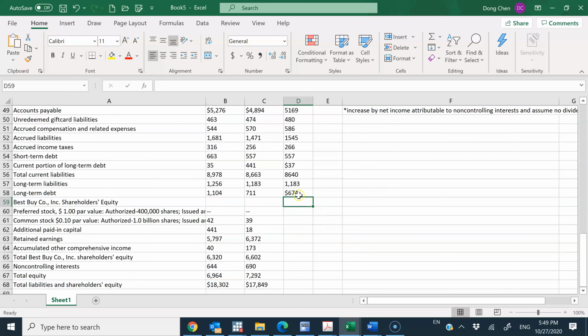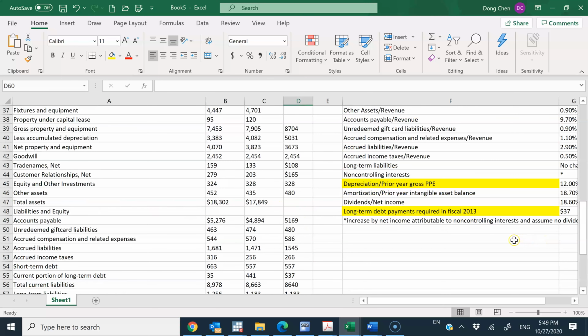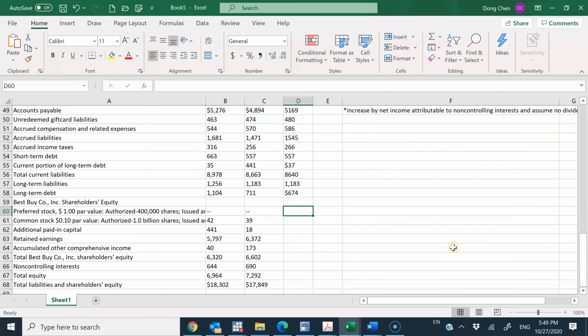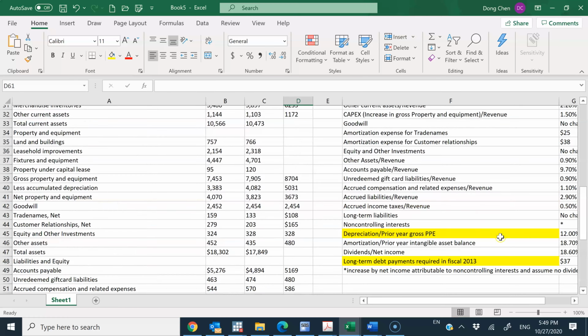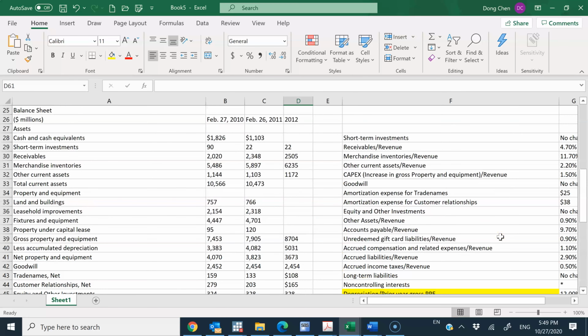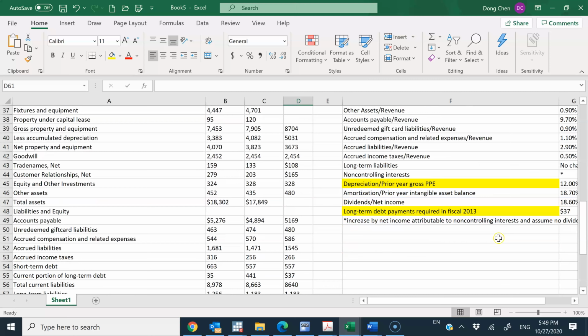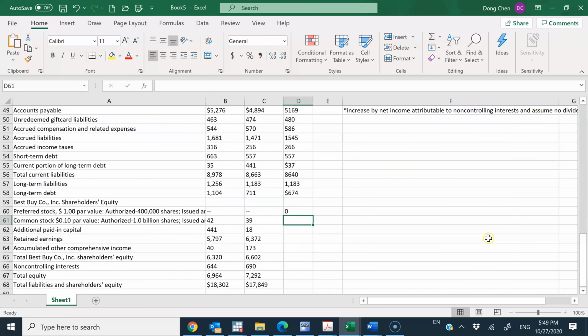And now we are done with the liability side of the balance sheet. And for the equity side, preferred stock, I guess there's no such information available, so we can assume this is 0. And common stock, if you look at the assumption table, you also cannot find any information about that.